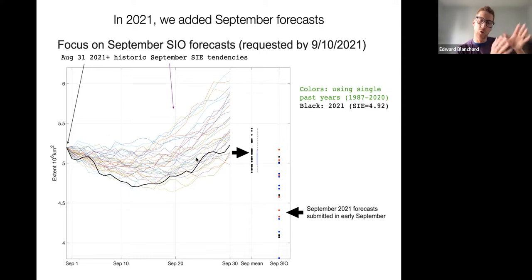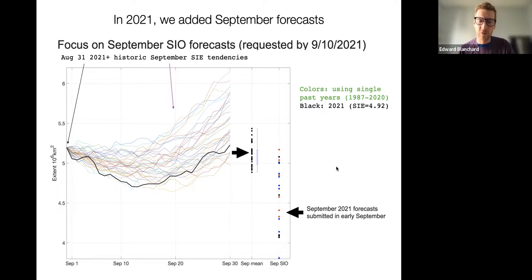This plume starts from the observed August 31st sea ice extent in 2021, plus each year here is one year from 1987 onwards, when we have daily data, a time series of that extent. Then you take that mean, and that's where the arrow takes you. Each of these black dots would have been one forecast for one year, and you can make a forecast or a range using those expected values.